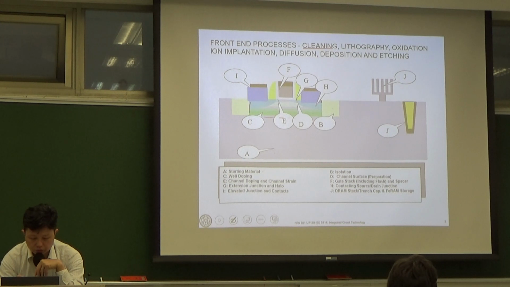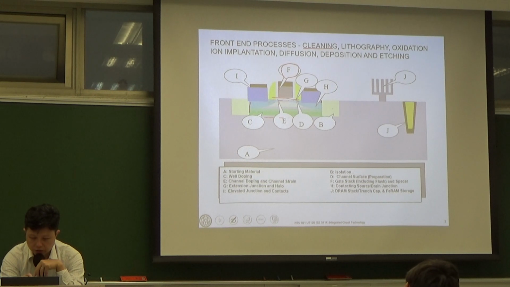This is the well doping, and D here, there's the channel surface here. Okay, and E is the channel doping and channel strength. Then we have extension junction here. We have gate stack.